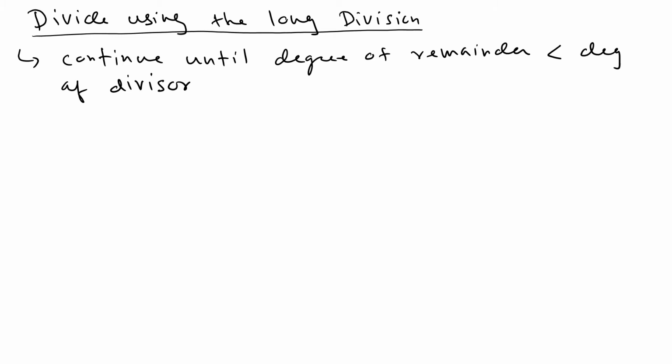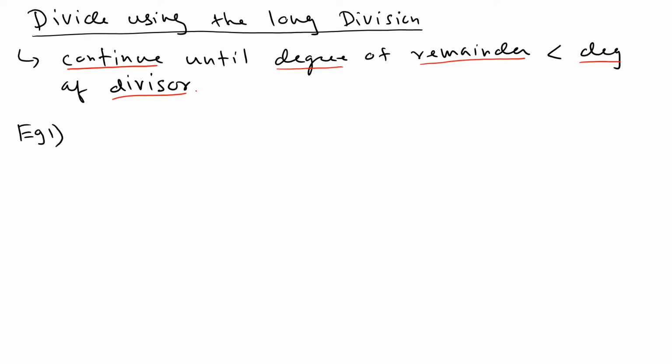So we're going to continue until the degree of the remainder term is less than the degree of the divisor. It will be clear right after we talk about the first example. Good, so let's start.